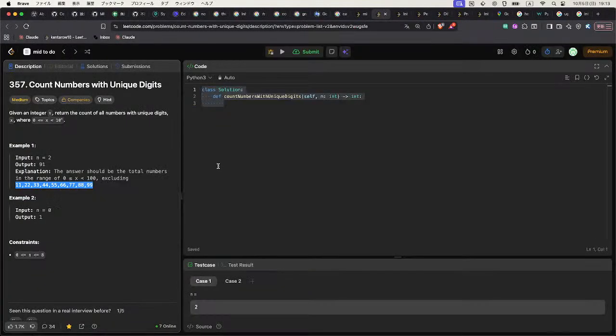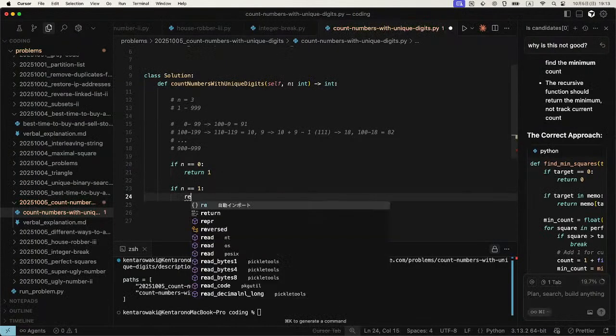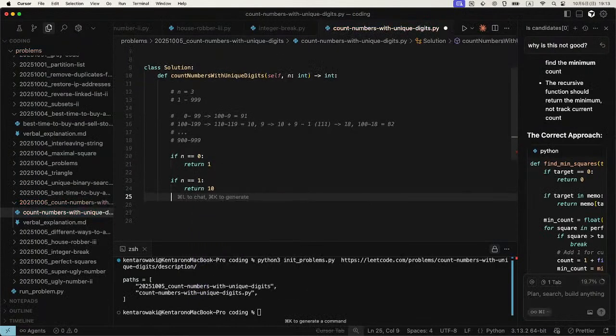Yeah, they are all unique, so the number is 10.